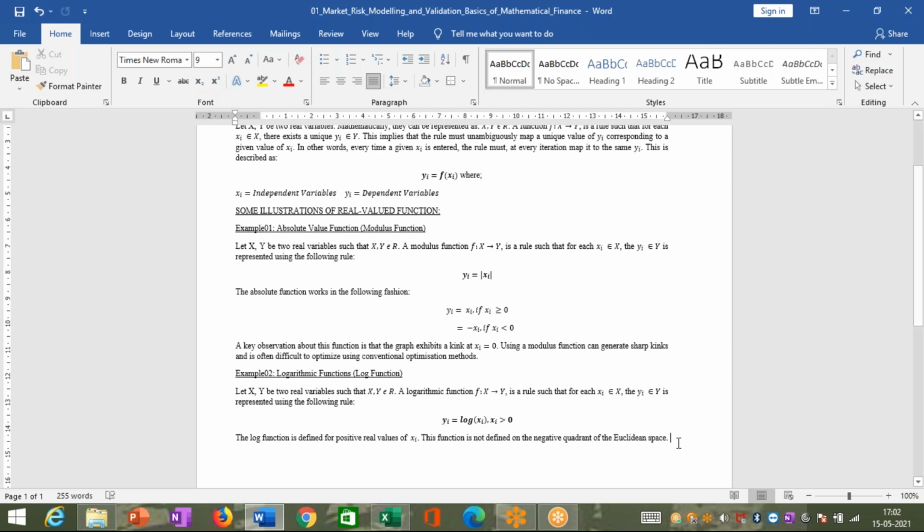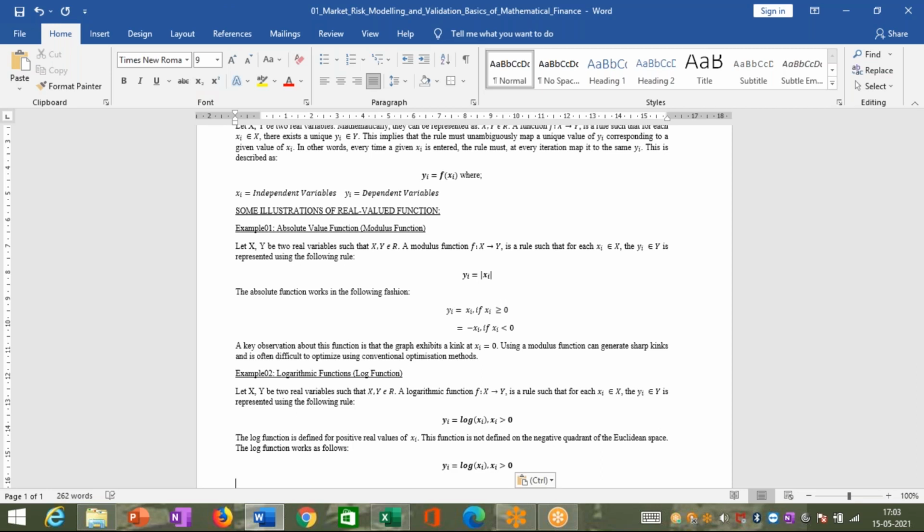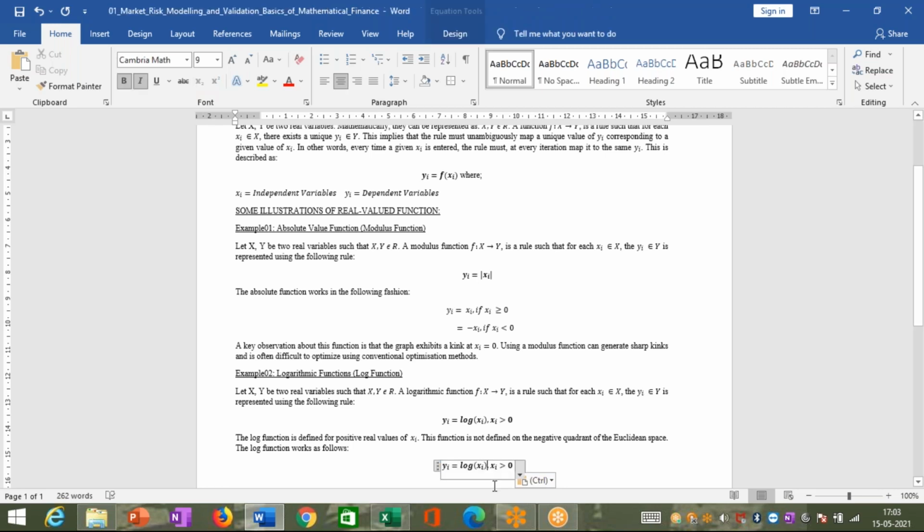So the log function works as follows. yi log xi is less than 0 if xi is less than 1, right? So if this is greater than 0 and less than 1.